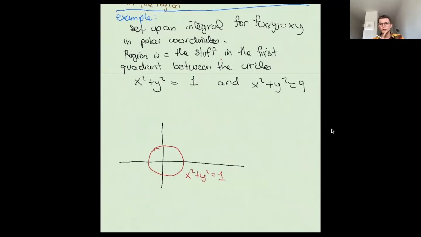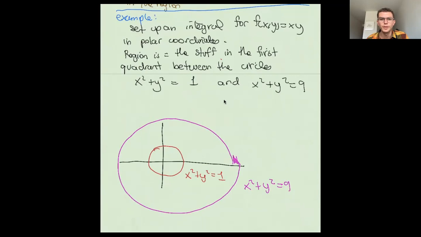So that's one circle, right? And then there's this other circle, which is of radius 3. We're looking at the stuff between the two circles in the first quadrant, right?